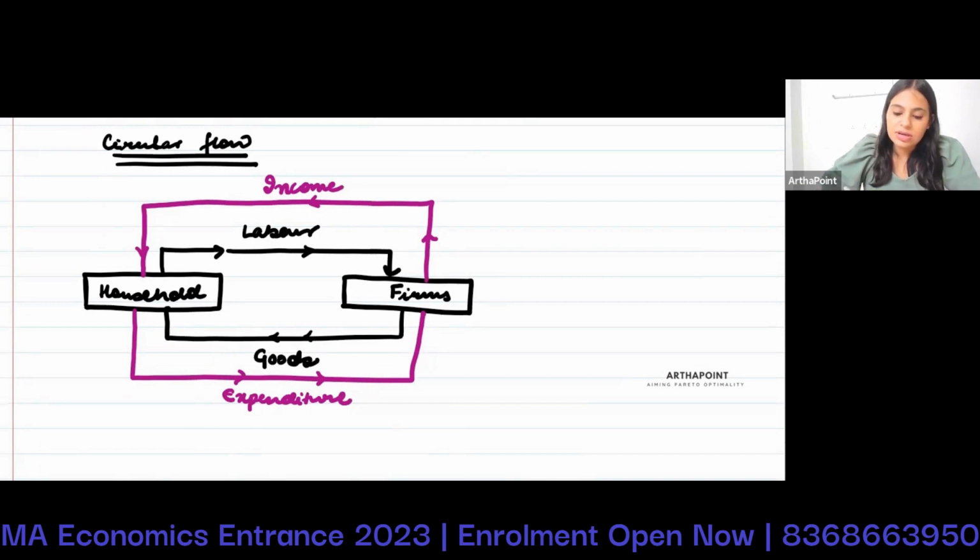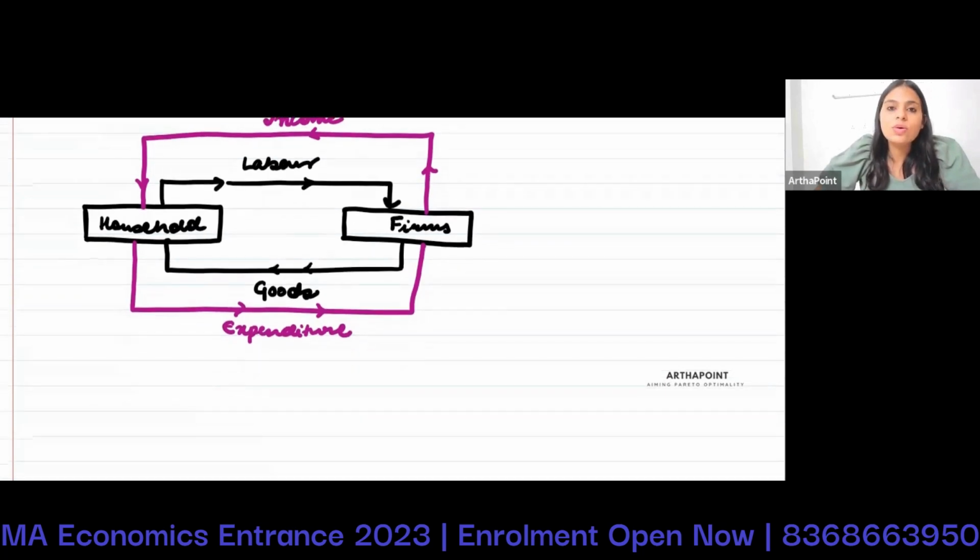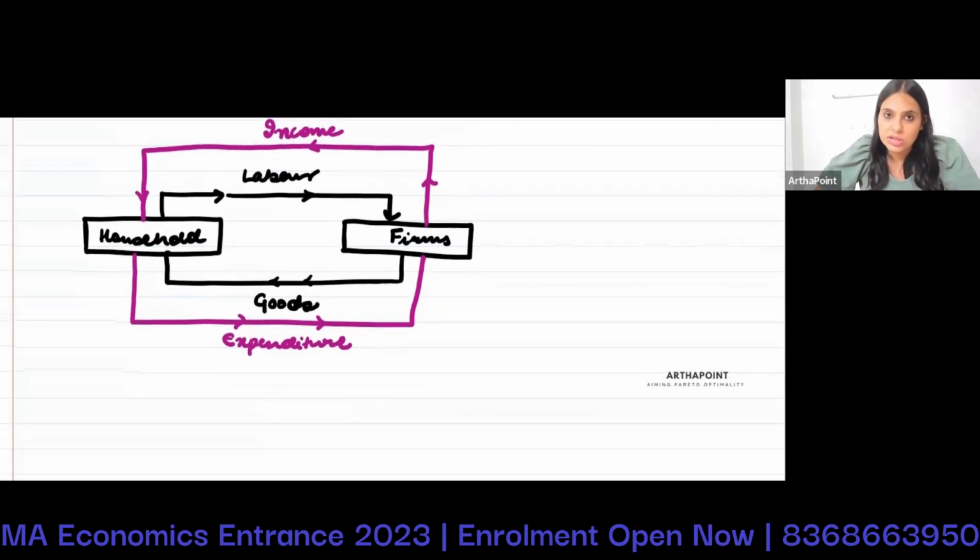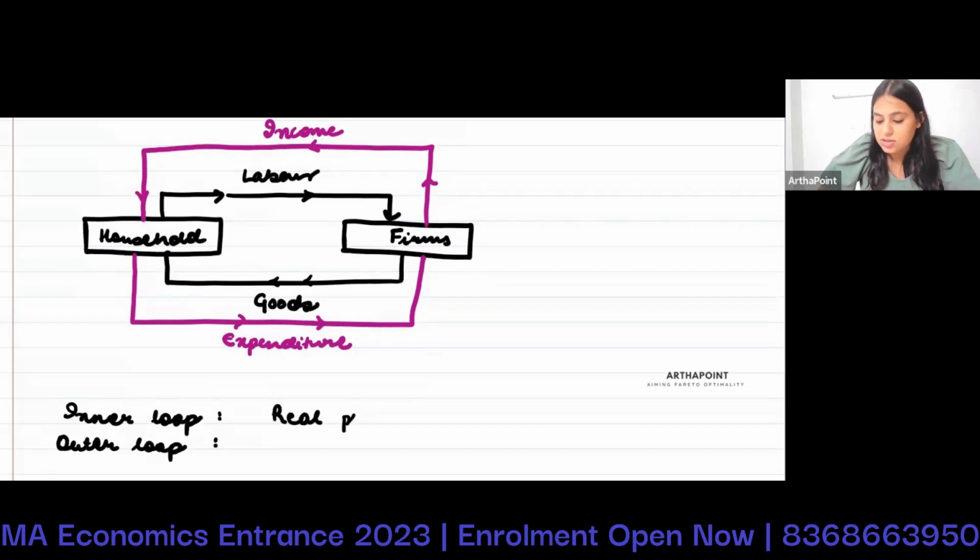Now, if I divide this circular form, I can consider that there are two main loops in the circular form. One is called an inner loop and the other is called an outer loop. The inner loop has got to do with the real products.